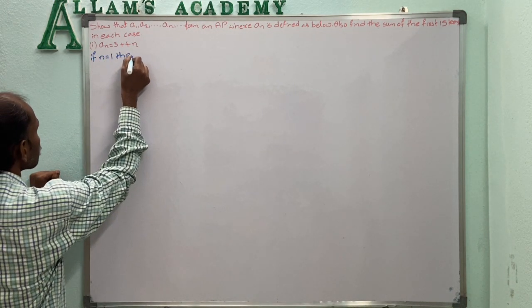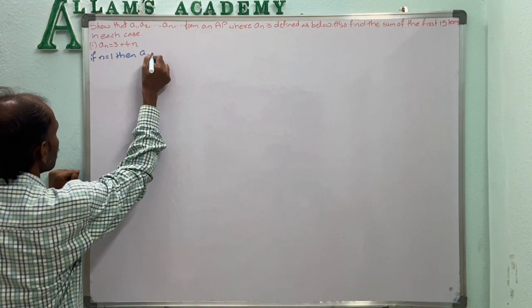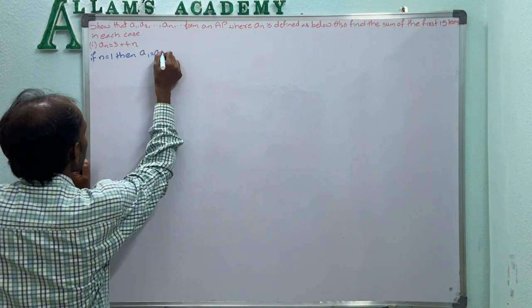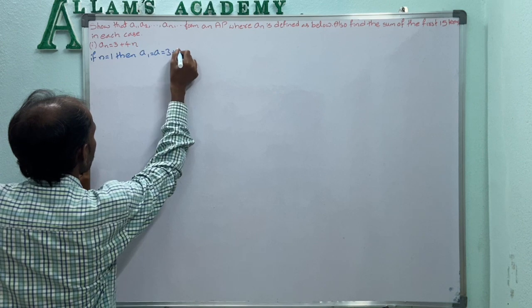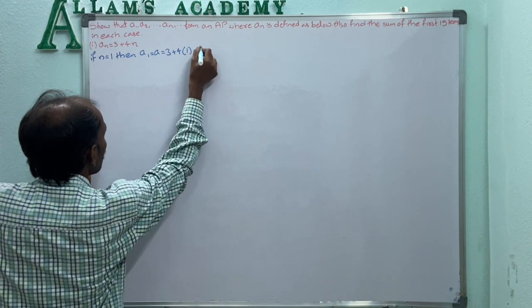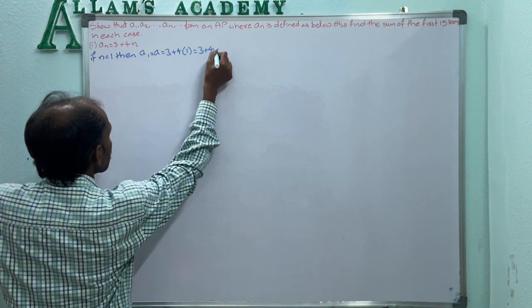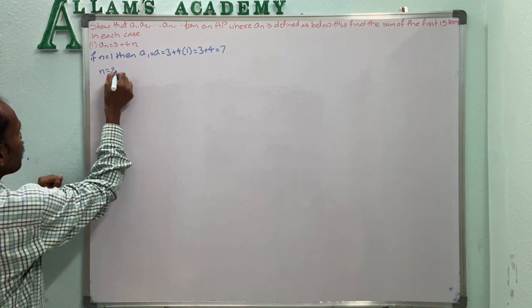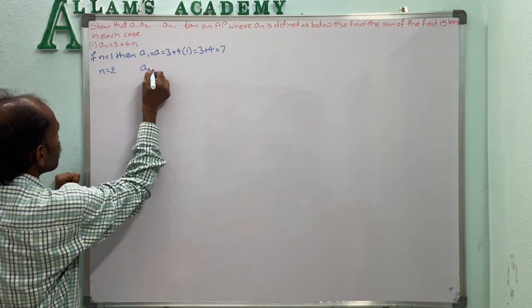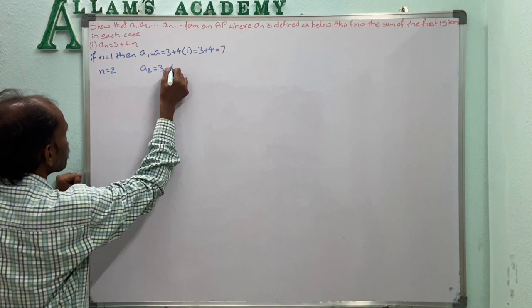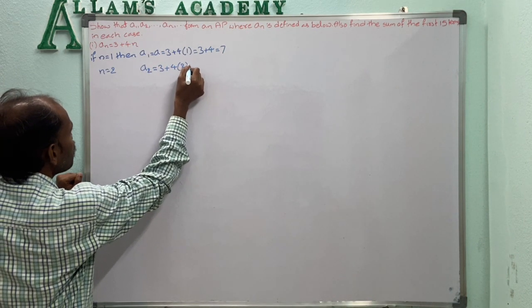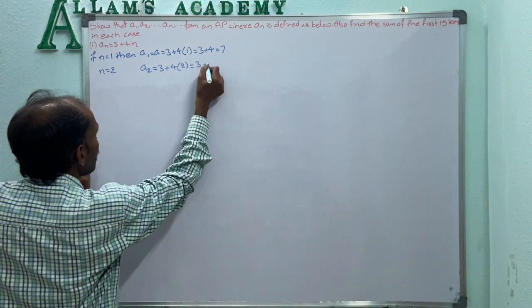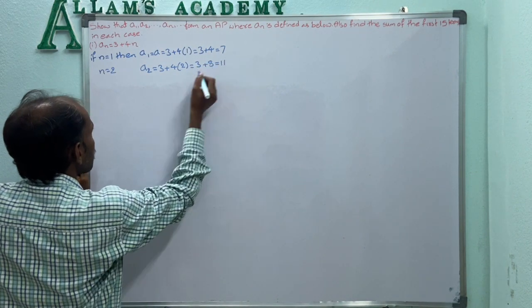So if n = 1, then a1 = 3 + 4 × 1. 4 ones are 4, so 3 + 4 = 7. If n = 2, then the second term a2 = 3 + 4 × 2. 4 twos are 8, 3 + 8 = 11.